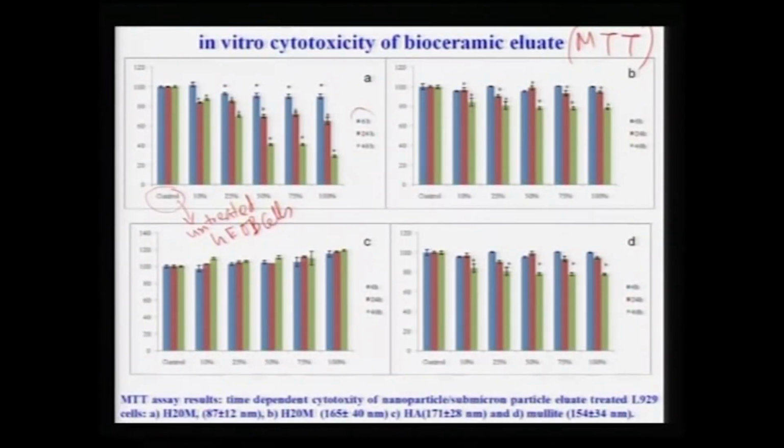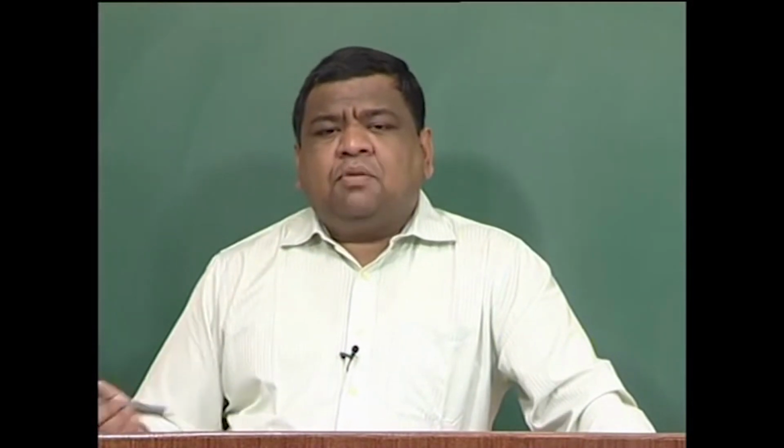Now, there are 3 different time scales at which this MTT reduction process takes place: 6 hours, 24 hours, and 48 hours. From which point is it counted? From the moment you treat the culture medium, or inject the eluate particles, after 6 hours you take your MTT optical density values.